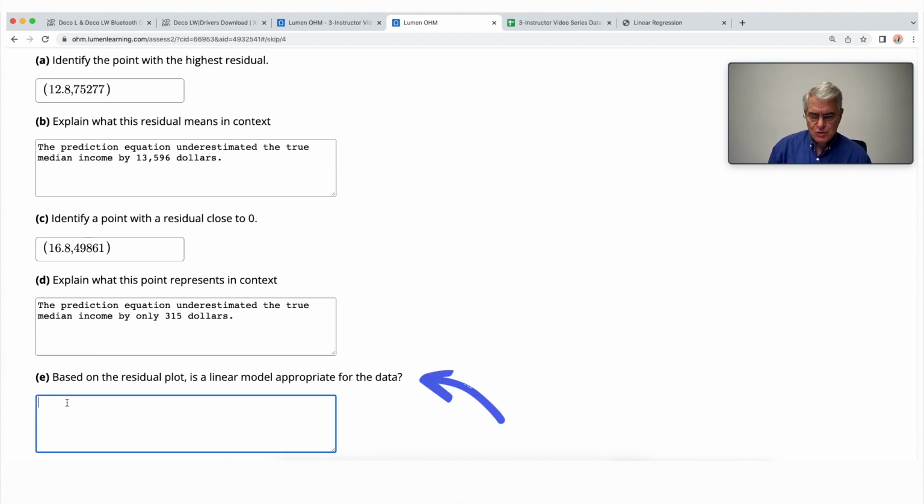Based on the residual plot, is a linear model appropriate for the data?